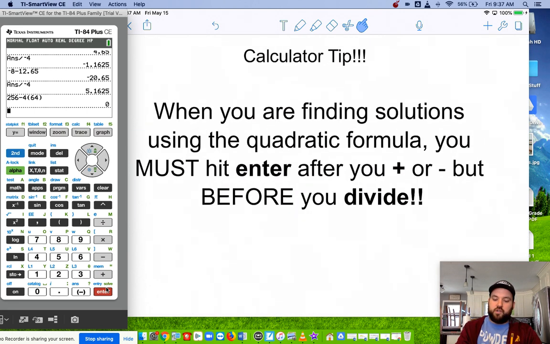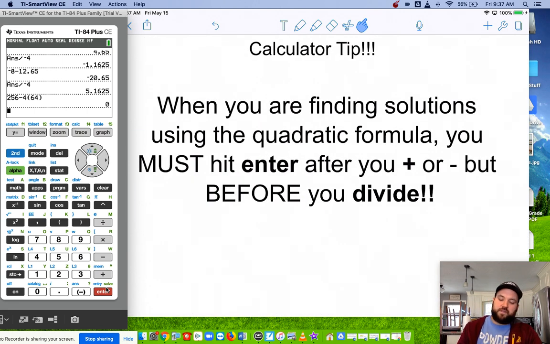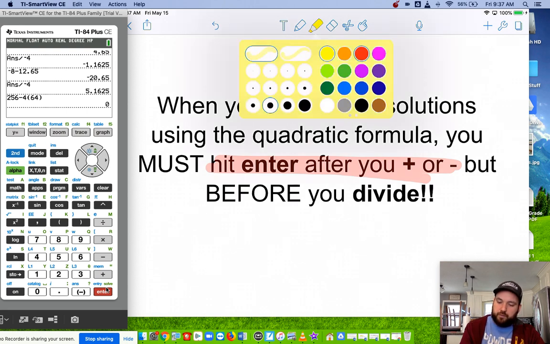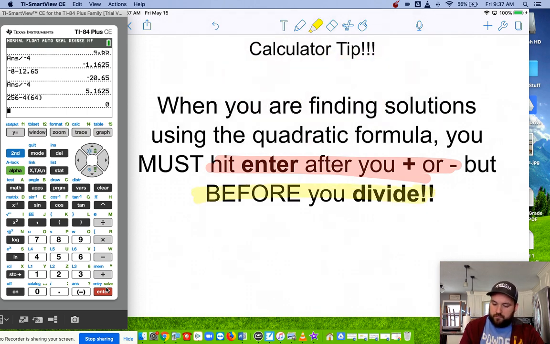Okay. Just to reiterate, when you are finding solutions, please, please, please hit enter after you add or subtract, but make sure you hit enter before you divide. Okay. Can't tell you enough about it.